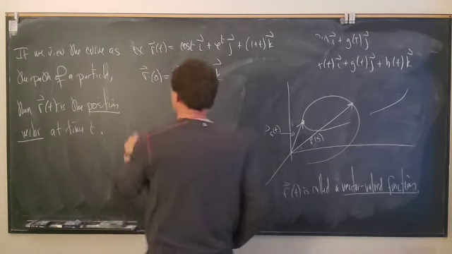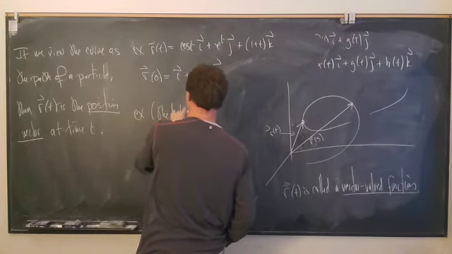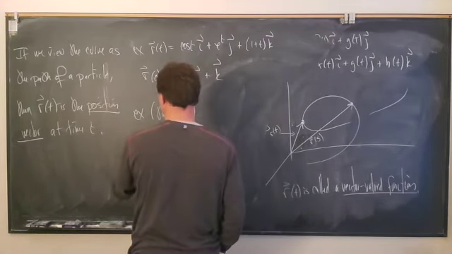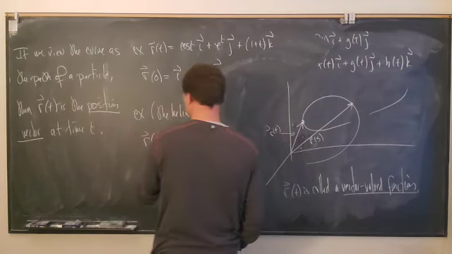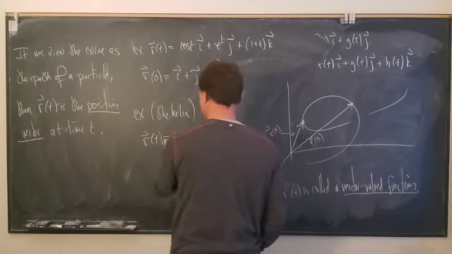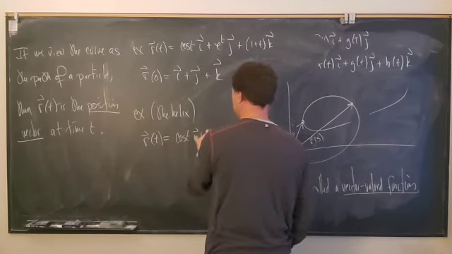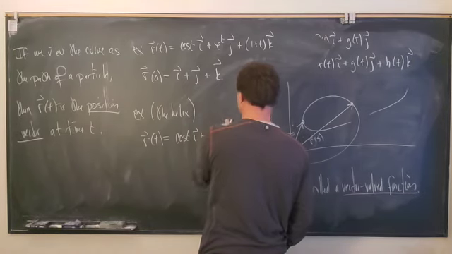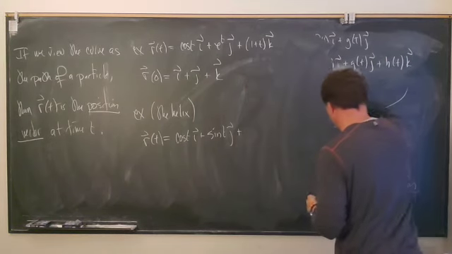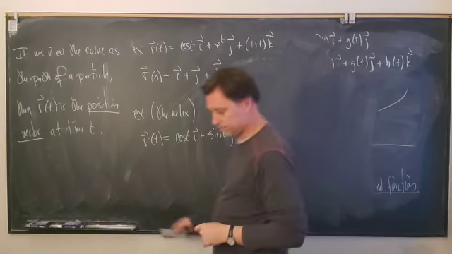Here's a famous example. It's called the helix. So we have r of t equal to, I'll use the ijk, cosine t times i plus sine t times j plus t times k.